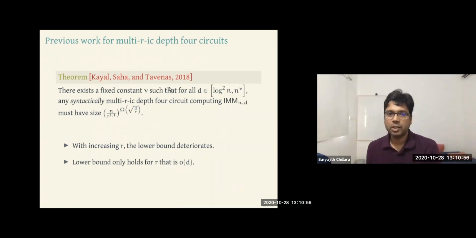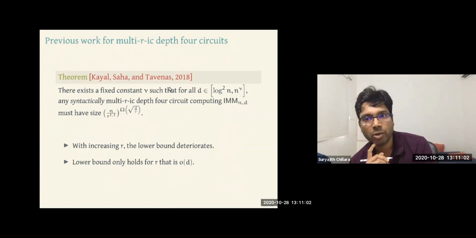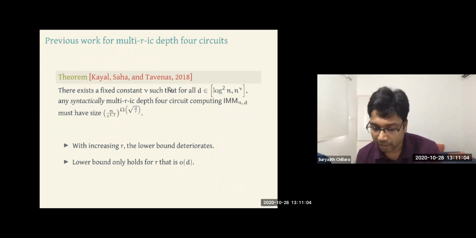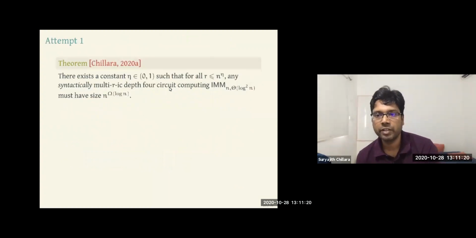So now it's a natural question to ask, can you get rid of these two restrictions? Can you prove a lower bound that does not deteriorate while increasing the value of r, and at the same time, holds for values of r that are greater than d? This is a natural question, and we actually show that. In the first attempt, what we show is for a specific instance of d.